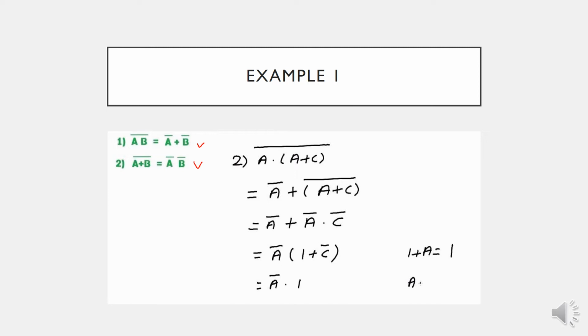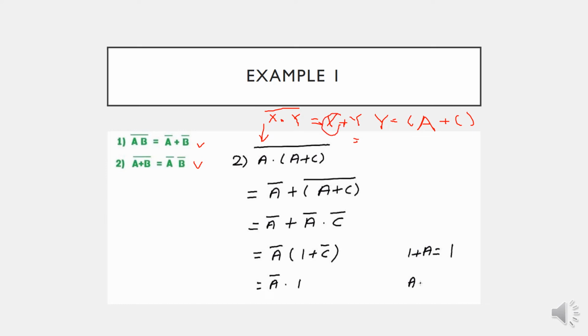Based on this, we have two terms: a single term A, and a second term which is a bracket term, A or C. To make it easier, we can consider this as x and y, where y is equal to the bracket term A or C. This gives us exactly the same theorem here, so the output will be x or y.